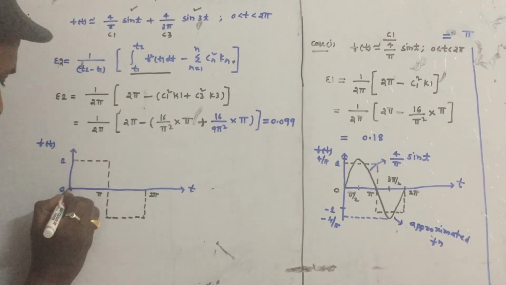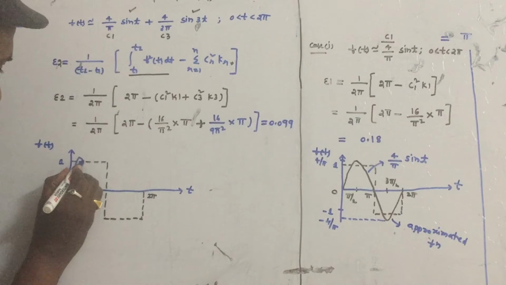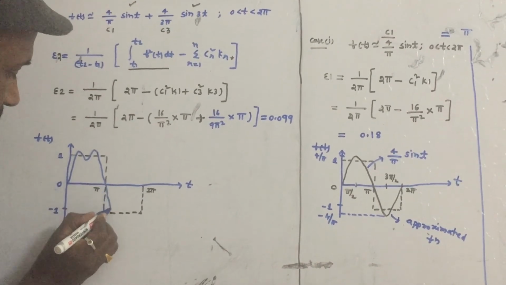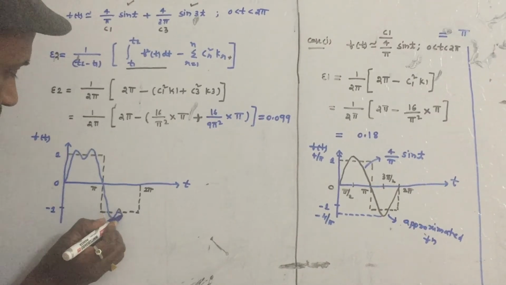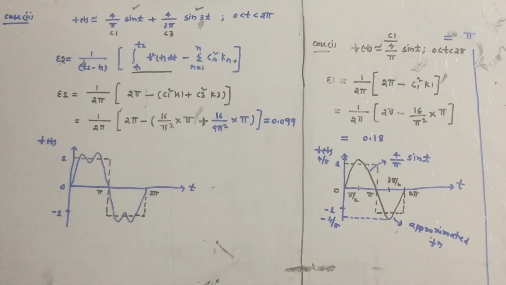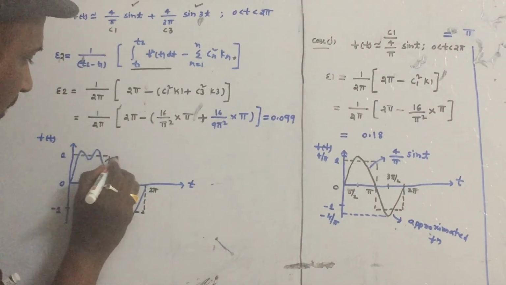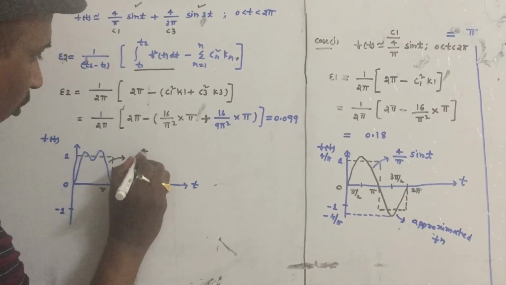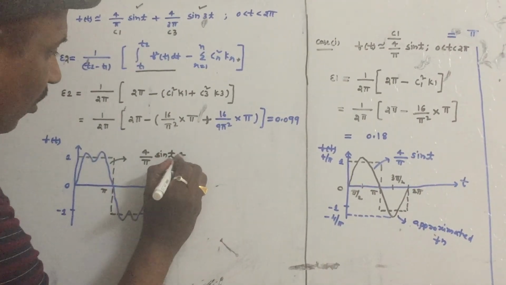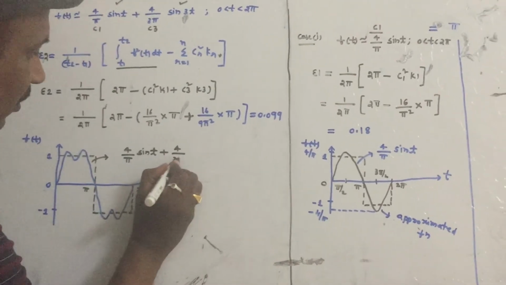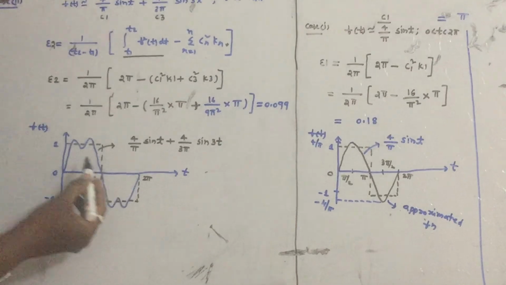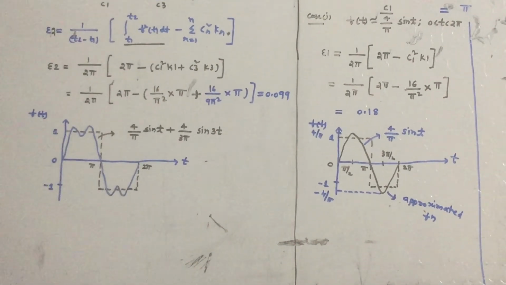The approximate graph will come as follows. What is the equation of this graph? The equation of this graph is 4 by pi sin t plus 4 by 3 pi sin 3t. You can see that it is coming nearer to the square wave.